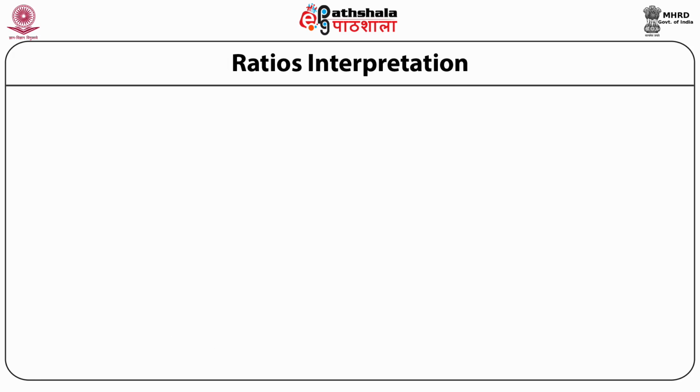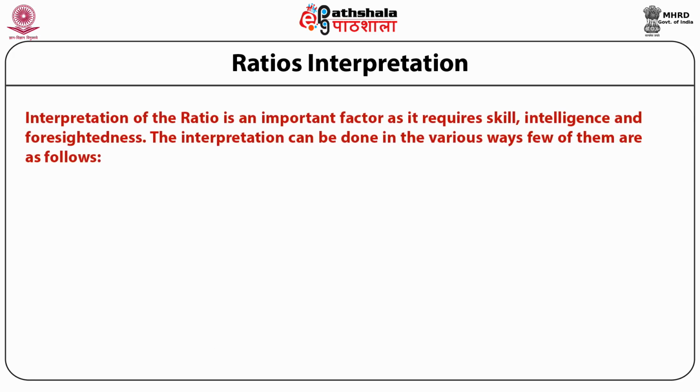Ratio interpretation. Interpretation of the ratio is an important factor as it requires skill, intelligence, and foresightedness. The impact of various factors like price level changes, changes in accounting policies, window dressing, etc., should be kept in mind while interpreting the financial statement through this tool, that is, ratio analysis.